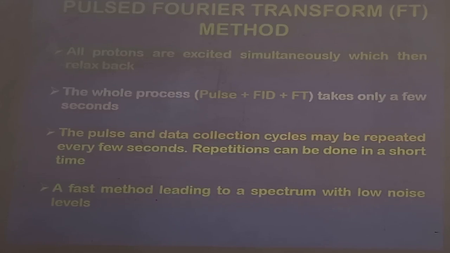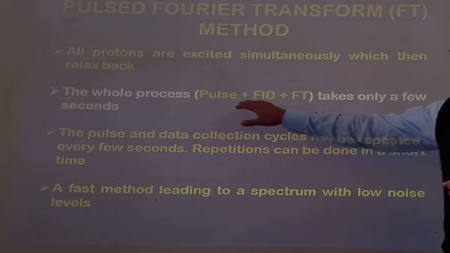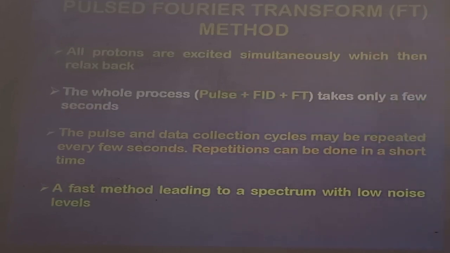The signal that we obtained from the continuous wave NMR spectrophotometer was a frequency domain spectrum. But in this case, when you give a pulse and you excite all the protons, the signal that you obtain as a result is in the form of FID, which is a time domain signal.